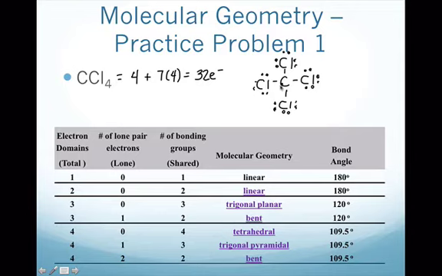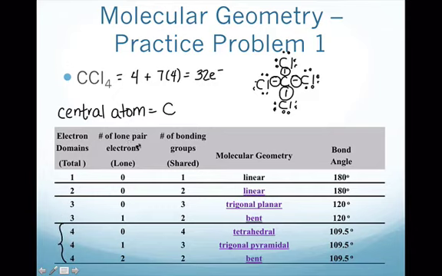Here's how you use your table. You're looking at the central atom. When we're focusing on these, you look only at the central atom. In this case, that'll be the carbon. If I look at the carbon, there are 4 electron domains around it: 1, 2, 3, and 4. So for electron domains, I go to the 4s. It's going to be one of these 3.